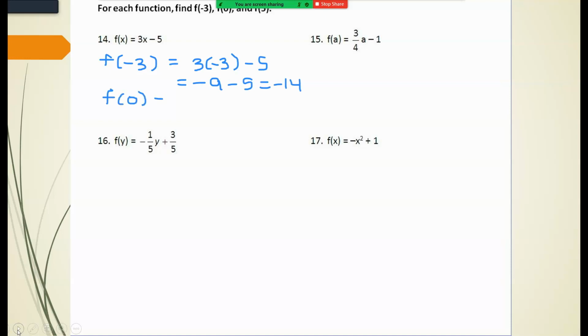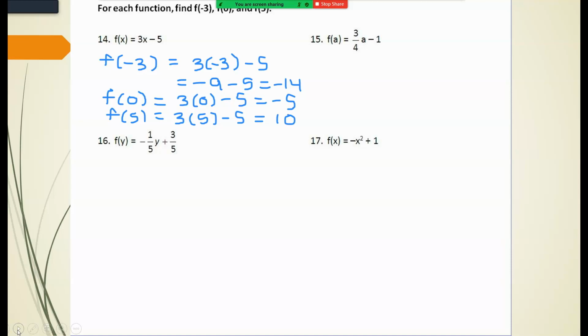F of 0 is like 3 times 0 minus 5, or -5. And f of 5 is like 3 times 5 minus 5. So you get 15 minus 5, which is 10.